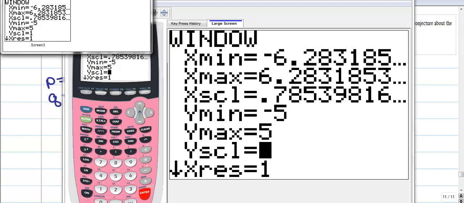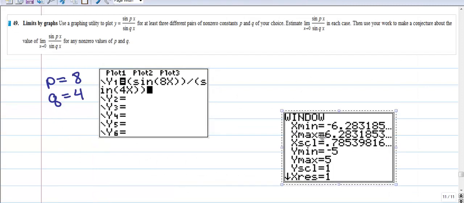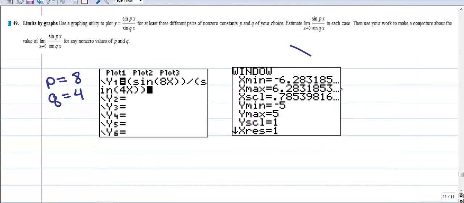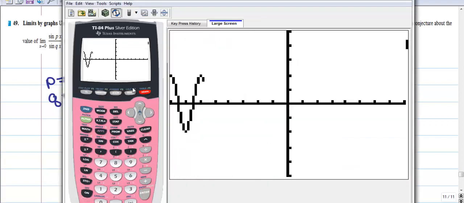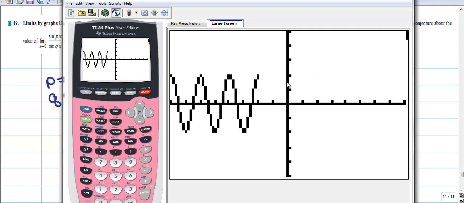Because I'm dealing with trig functions, I made my window -2 pi, 2 pi, and pi over 4. Now when I hit graph, as it approaches 0, it looks like it's hitting up here at 2.